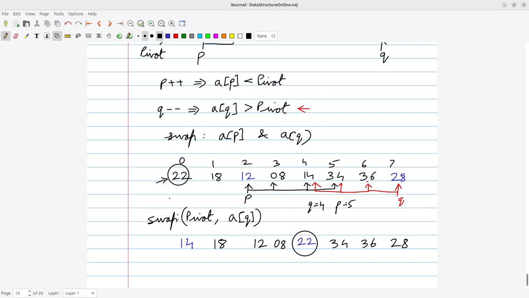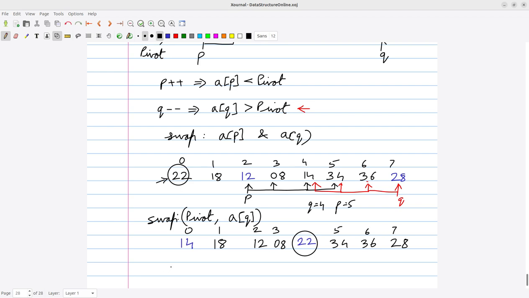So if we consider this an array, at index 0 we have 14, at index 1 18, at index 2 12, at index 3 8, then at index 4 that is fixed, and then at index 5 34, 6 and 7.